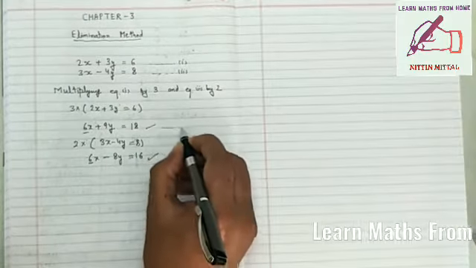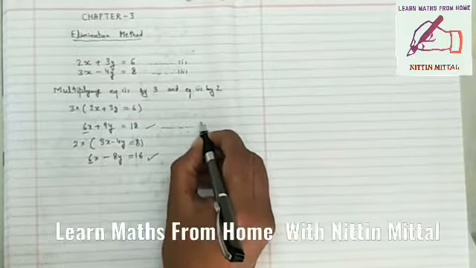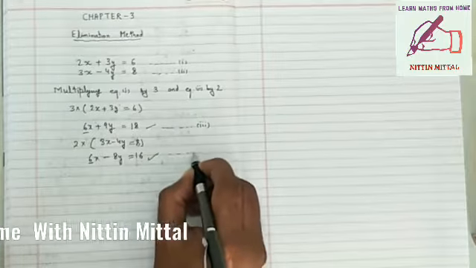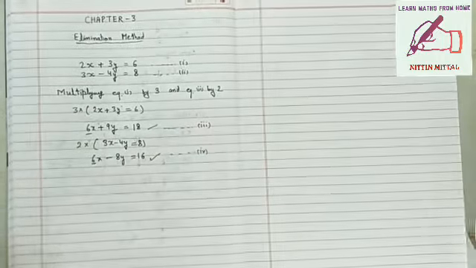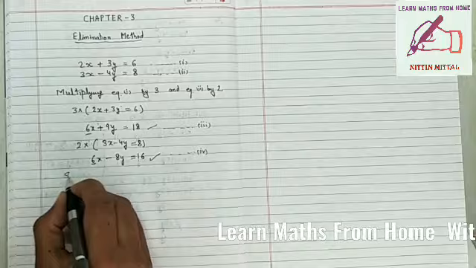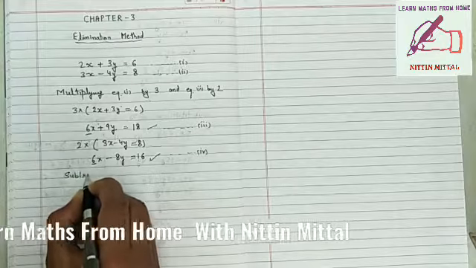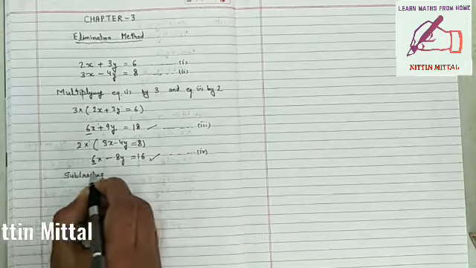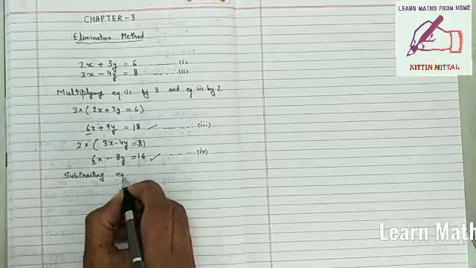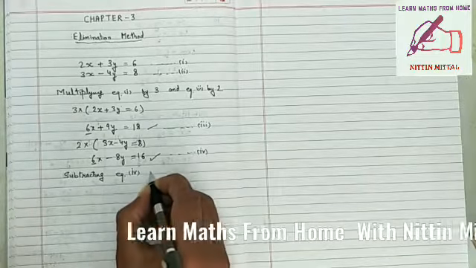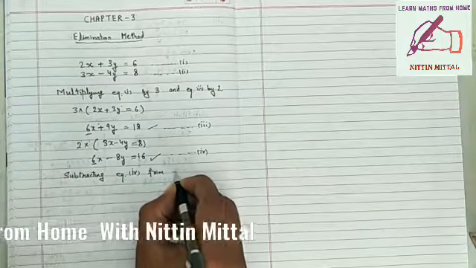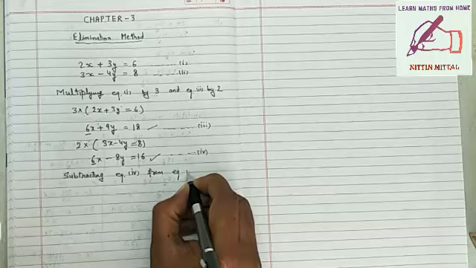For the time being, let this be equation 3 and this be equation 4. So I am writing: subtracting equation 4 from equation 3.